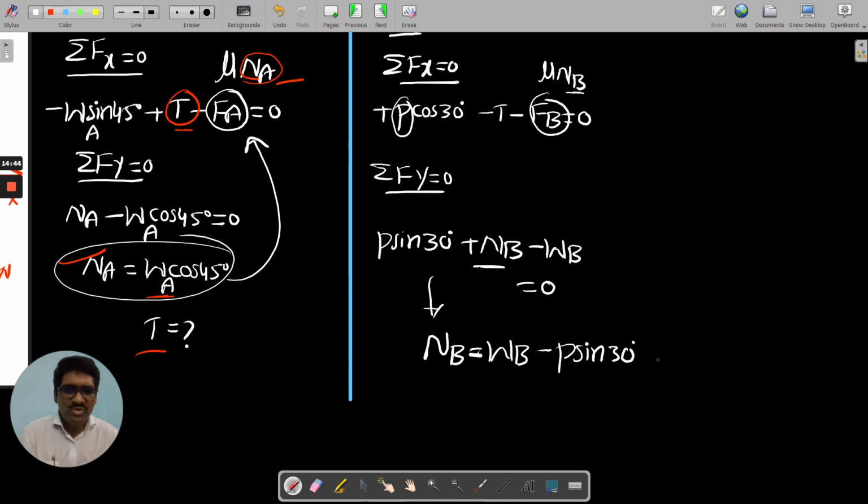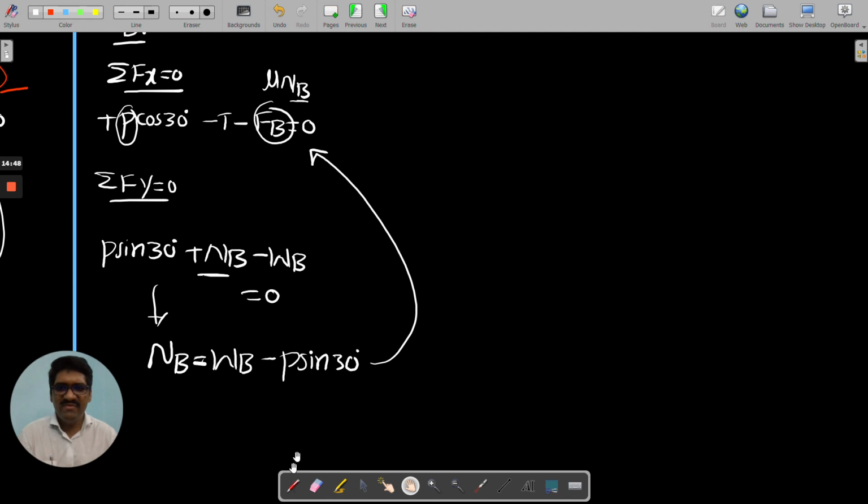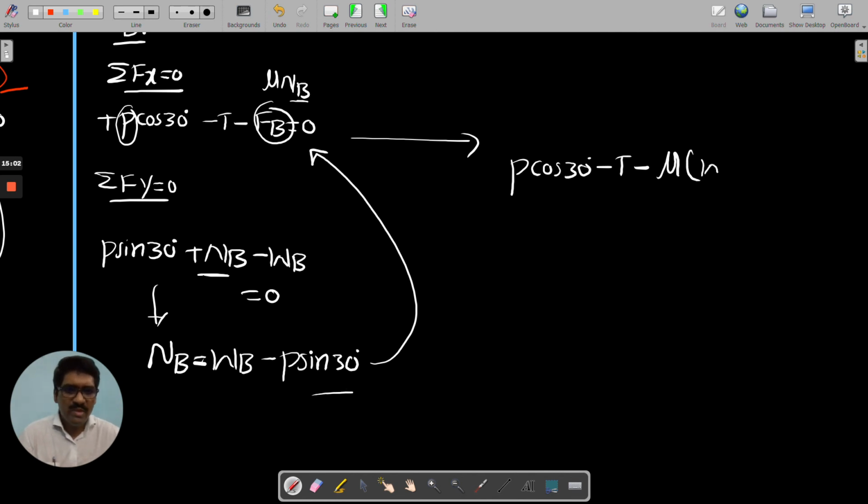Now you substitute this NB here. And what will happen? This will result in P cos 30 minus tension T minus mu into NB, which I told just now, W minus P sin 30, is equal to 0. Am I right, all of you?